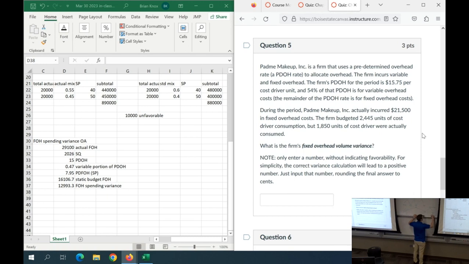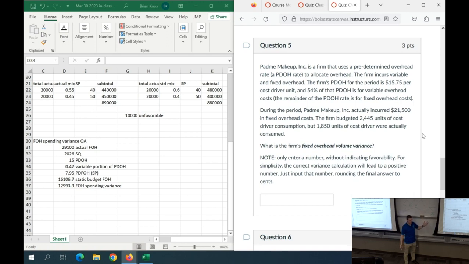This really is an actual quantity times standard price, which usually is what we have right here in the quasi-budget. But in the context of fixed overhead, using actual quantity times standard price actually makes it more fictitious because of the contrived nature of PDOH applying fixed overhead based on a volume-related cost driver.